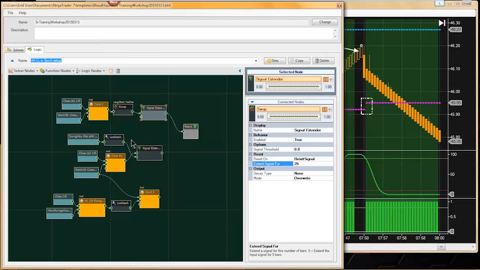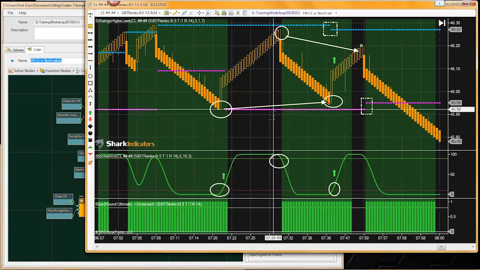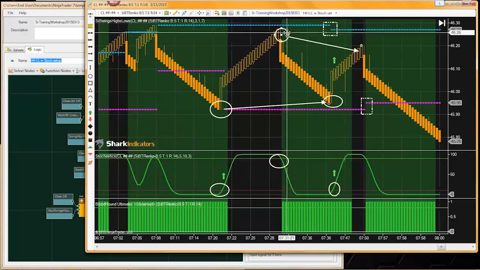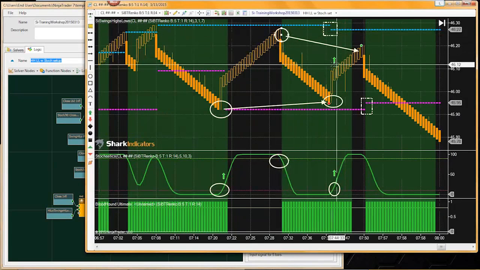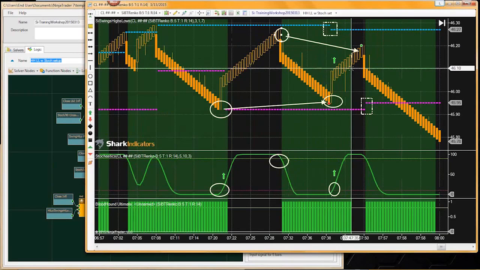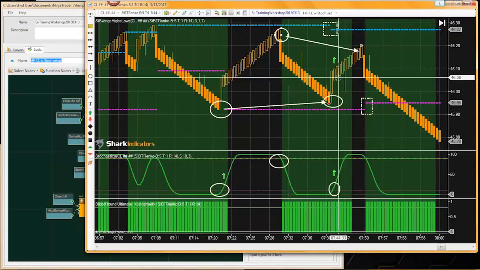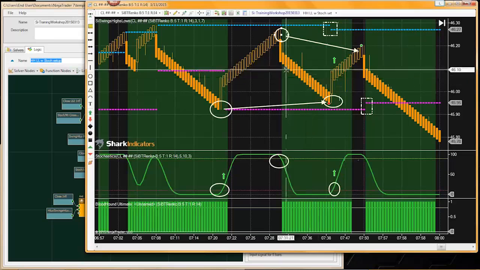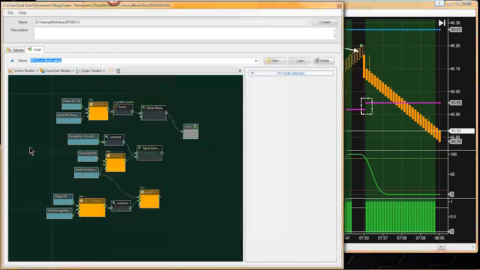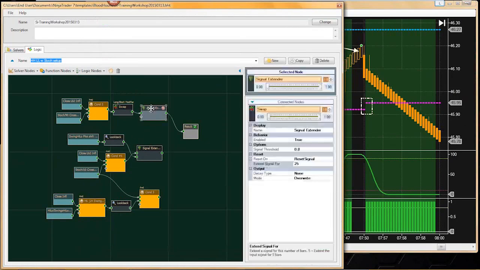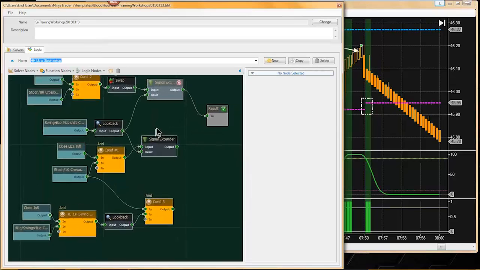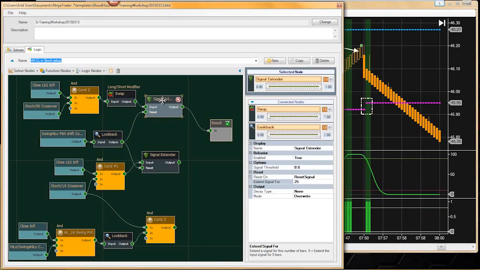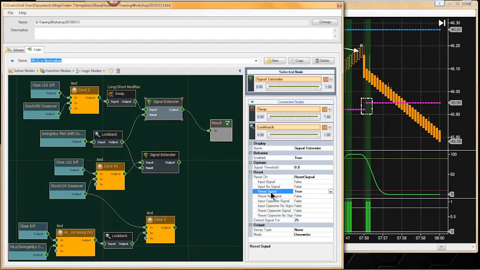Let's take a look here. All right, so condition 2 happened, and we extended forward for 25 bars, and we may not even really need to reset this signal extender, but it's probably just a good idea. So I'm going to plug my reset logic right into this signal extender here, and let me go through and set my resets up.